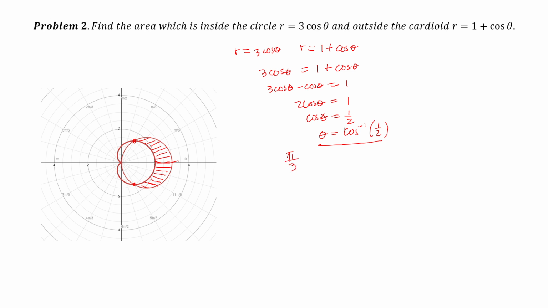So the intersection is at pi over 3, where cosine is 1 half.